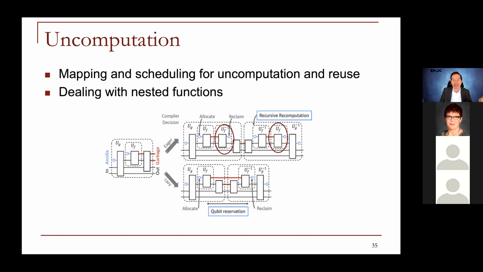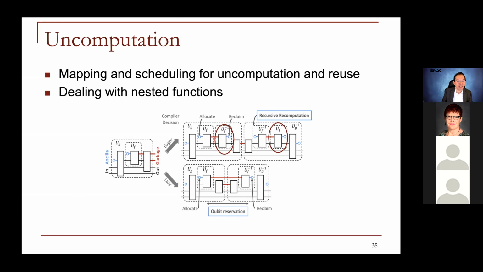We can not uncompute anything and use a lot of qubits. We can be lazy, which is the bottom path here, and only uncompute a minimal amount. We can be eager or aggressive and uncompute in the top as often as possible. Or we can have some combination of eager and lazy, a hybrid method, which not surprisingly turns out to be the best.